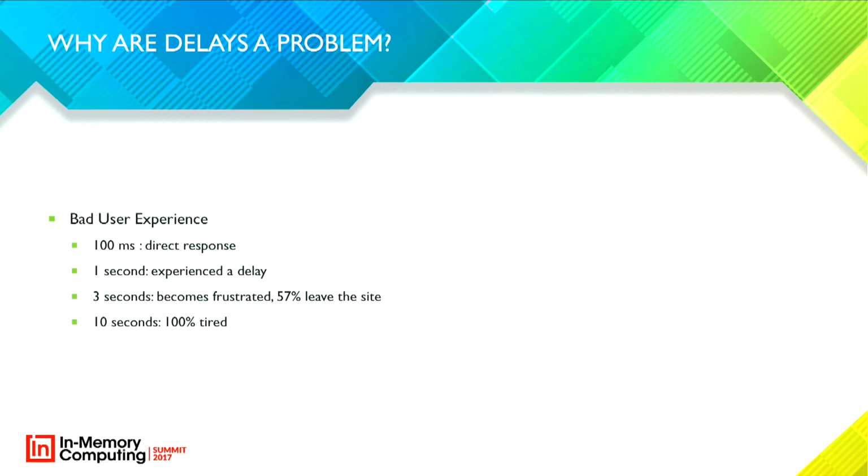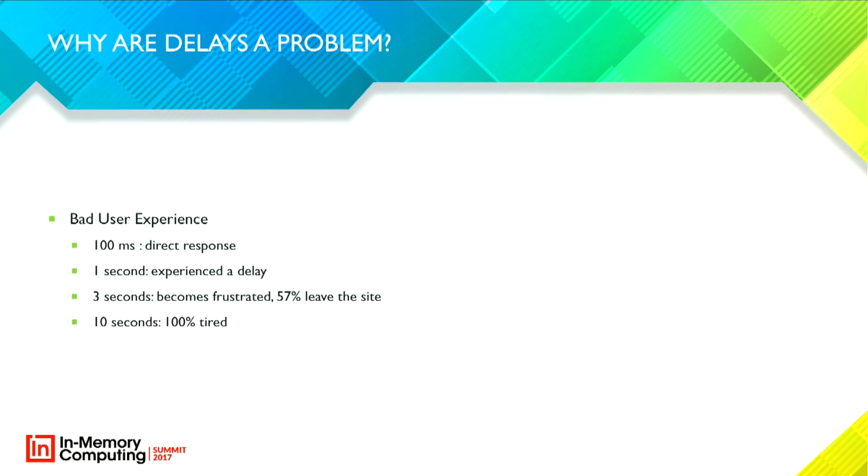There's been a number of scientific experiments carried out on users and how they perceive delays. And it turns out that at about 100 milliseconds, people think that that's direct, that's instant. You can't notice anything less than 100 milliseconds. And if it's 1 second, we seem to perceive the delay, but it's not that really annoying.